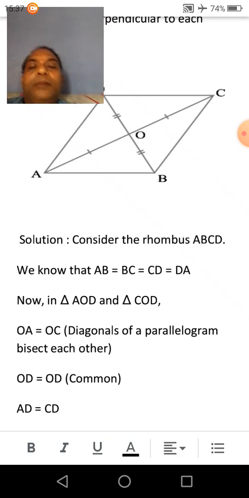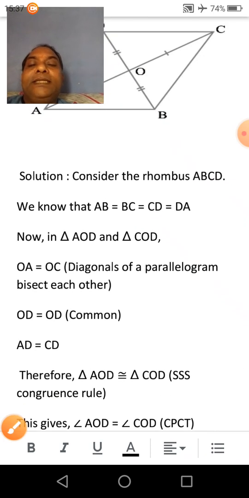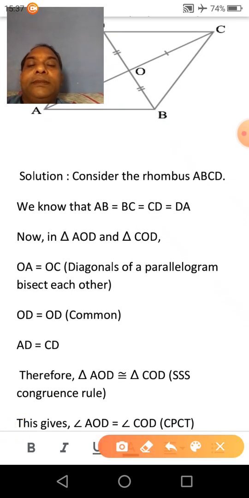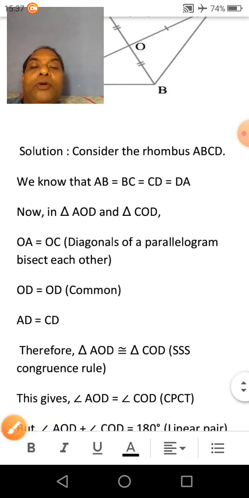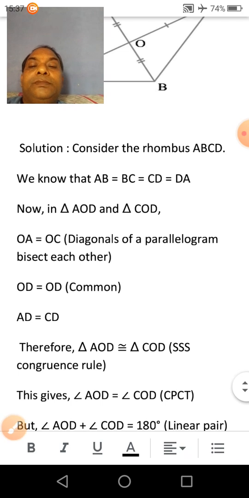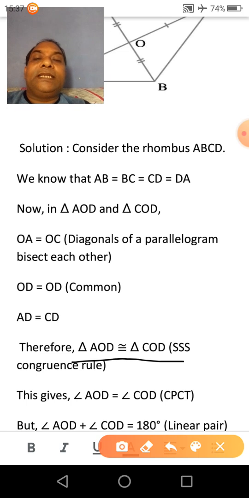So by SSS congruency, both triangles will be congruent, which means triangle AOD is congruent to triangle COD by SSS congruency, and angle AOD is equal to angle COD by CPCT.